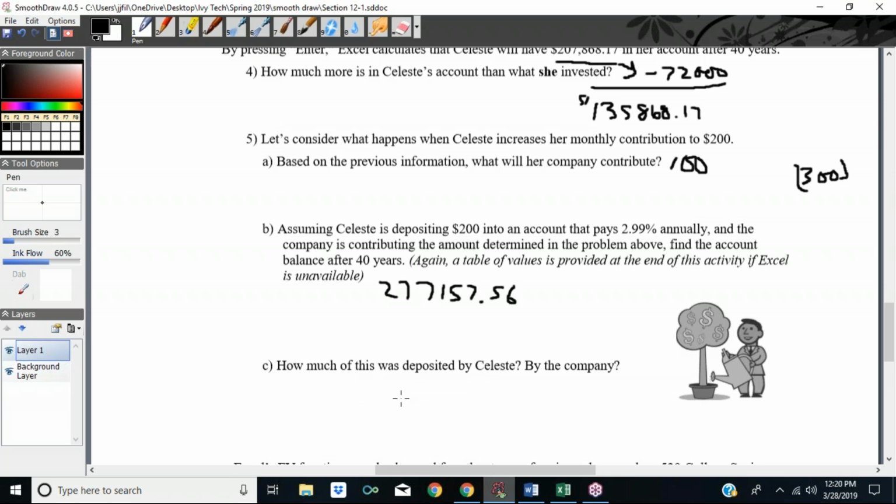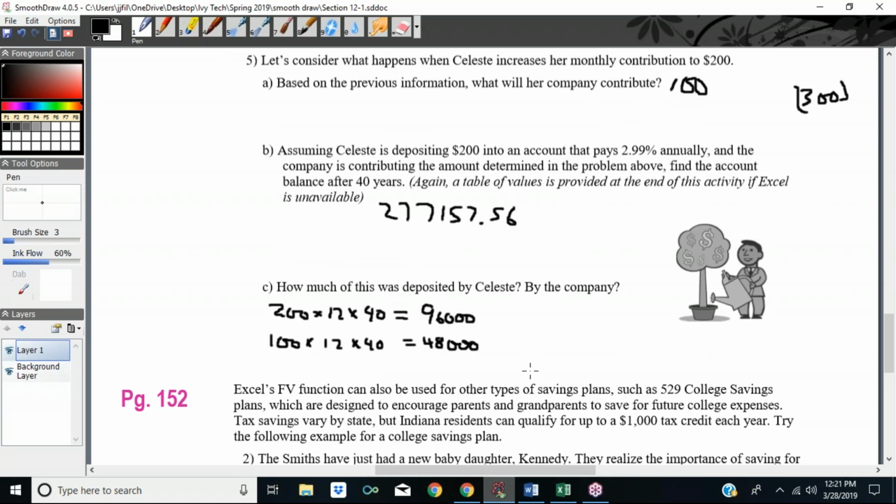Now it wants to know how much of this was deposited by Celeste and how much by the company. Well, Celeste deposited $200 times 12 months times 40 years. And the company put in half of that, or 100 times 12 times 40. And it looks like 96,000 and 48,000. Good. So how much of this was interest?